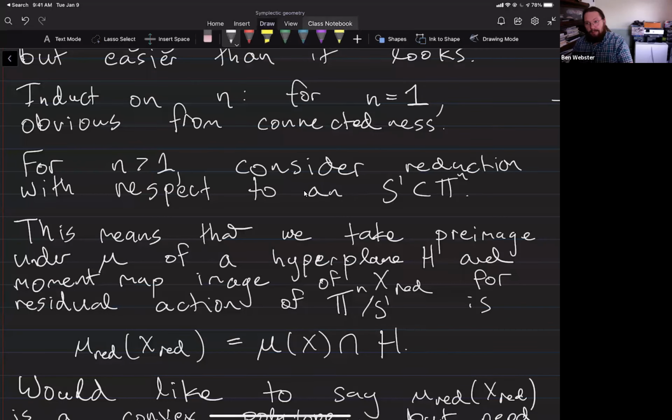So we take the pre-image of some moment map level for that single S1, which means we take a hyperplane inside T dual. We get a reduced space, and that reduced space still has an action of the torus mod this S1. The moment map image for the reduced space is my original moment map image intersected with a hyperplane. So the key fact you should keep in mind is that a set is convex if and only if its intersection with every hyperplane is convex.